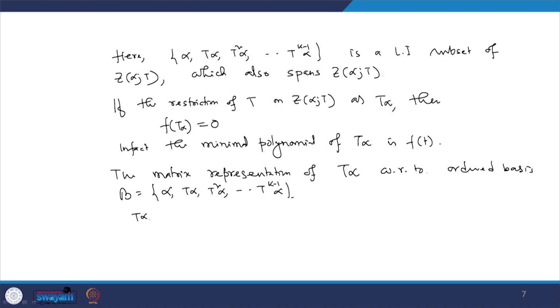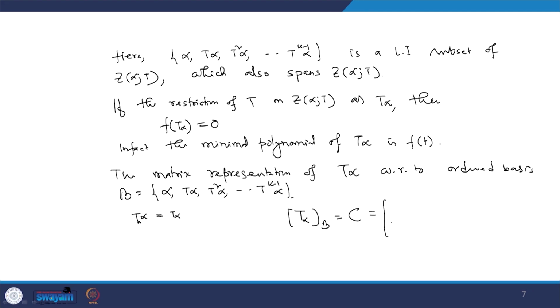Let me denote that matrix by C. The first column will be the image of alpha under t alpha expressed as a linear combination of these basis elements, taking the coefficients and then the transpose.